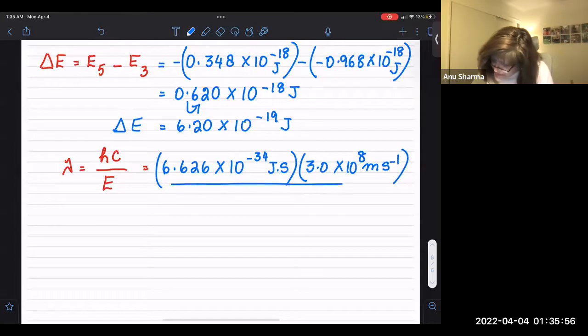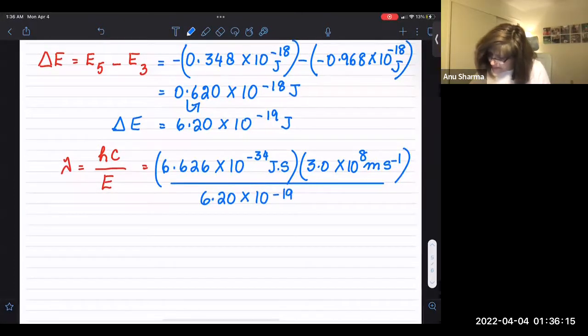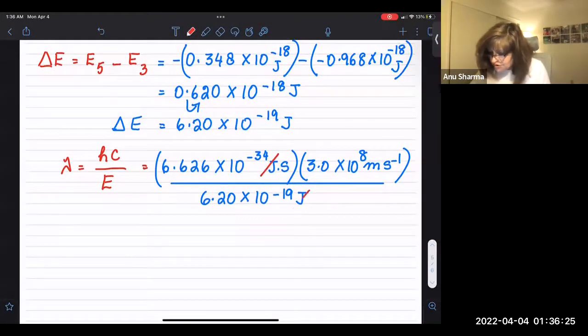Okay, over the value of energy, and the value of energy is 6.20 into 10 to the power negative 19 joules. Now, if you look at these units, joules and joules cancel out, seconds and seconds inverse cancel out, and we are just left with meters.